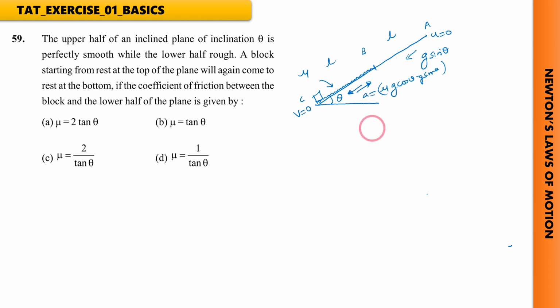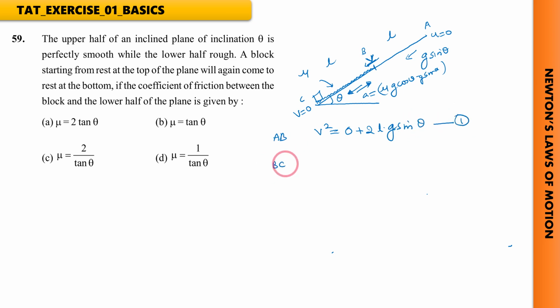Now we have to use the formula, and assume also that it has gained the velocity v at point B, which is the initial point for the lower part and the final point for the upper part. Now use the formula v square equals u square plus 2as for both parts. For the AB part, v square equals 0 plus 2L into g sin theta. Okay, this is equation number 1.